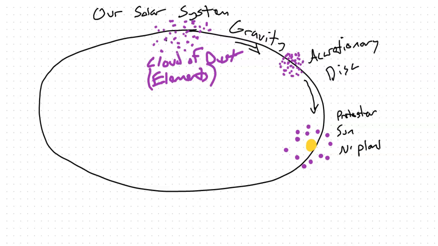So no planets are here. The sun isn't really producing enough energy or gravity, but it's continuing to suck up additional fuel. Now that fuel is hydrogen. Hydrogen fuel.